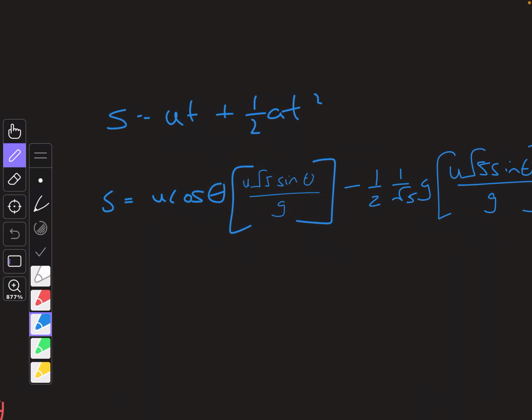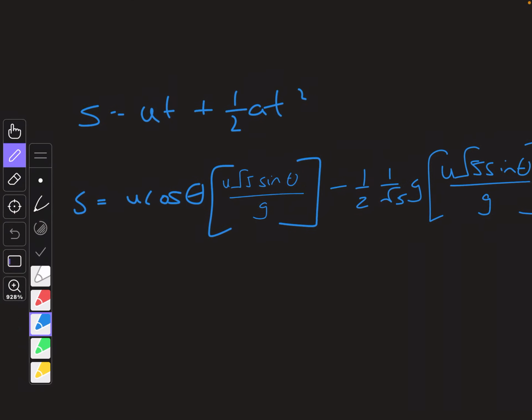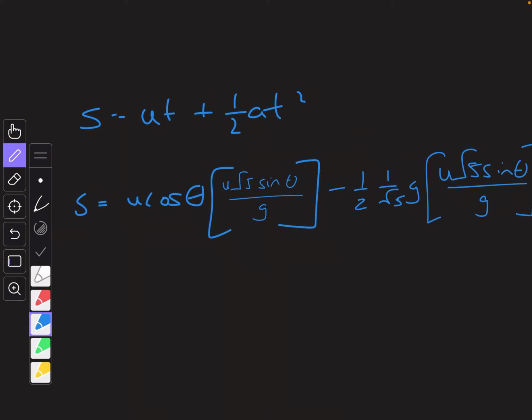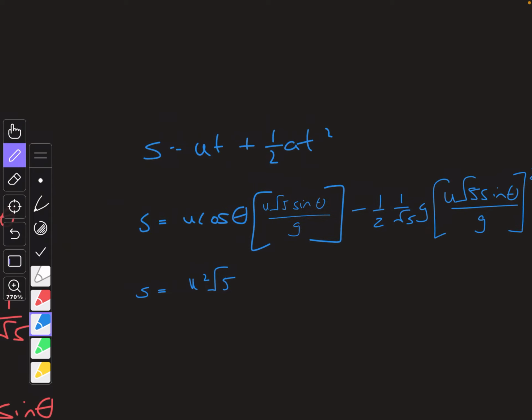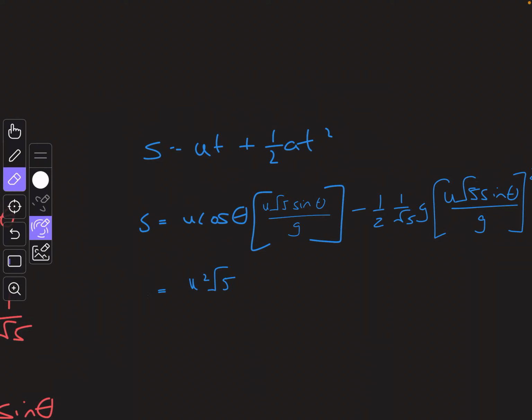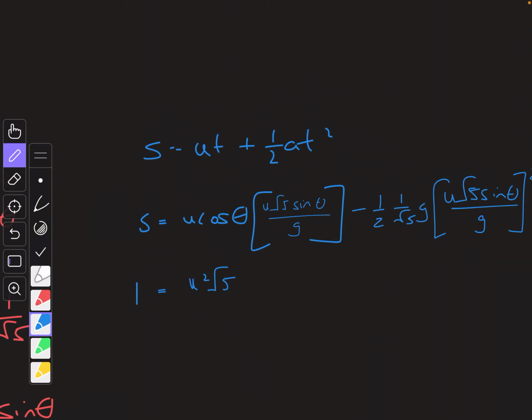So now just to clean this up a bit and then talk, what the hell are we doing? Great question. So we're going to end up getting s equals u squared root 5. Sorry, s, if we remind ourselves, was actually r, so I'm going to change that to an r for range.